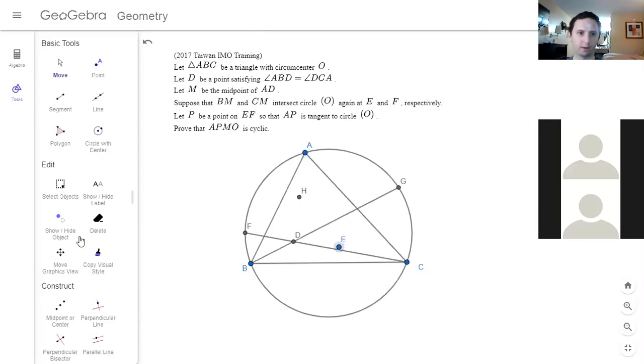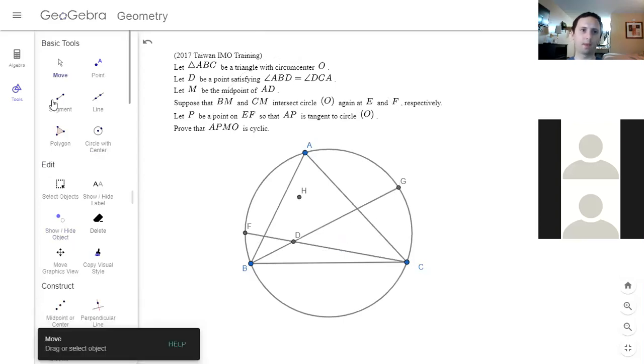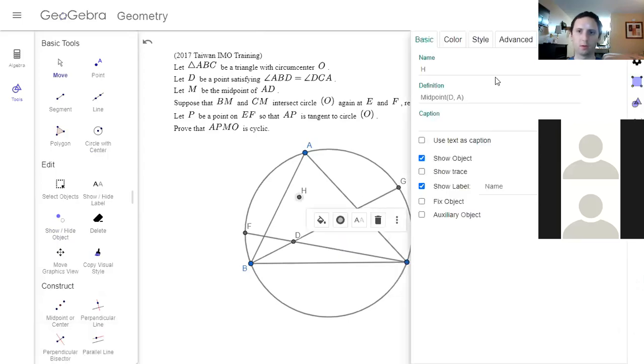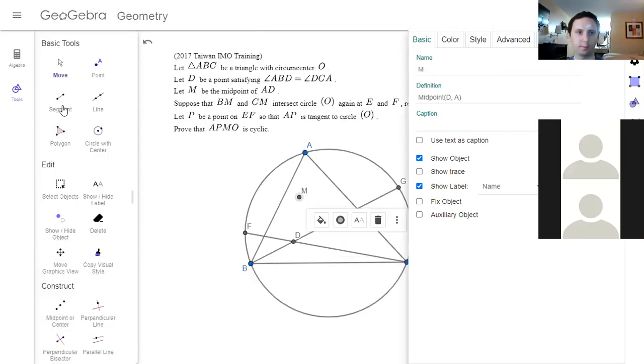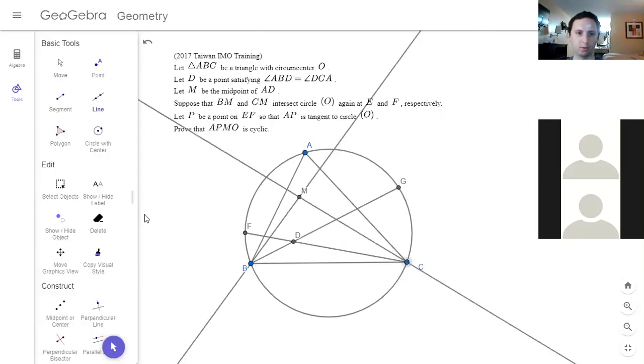I kind of like that. So I'll hide point E. I'll rename that M. And suppose that BM and CM intersect the circle at E and F. Oh, I should actually really hide F and G too.